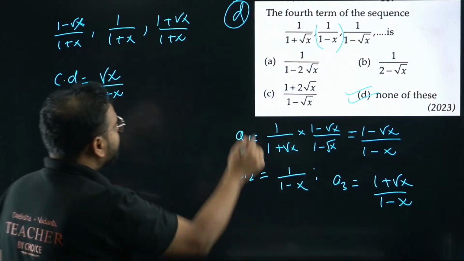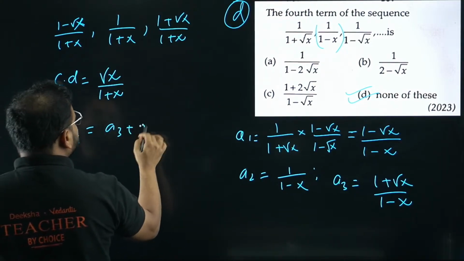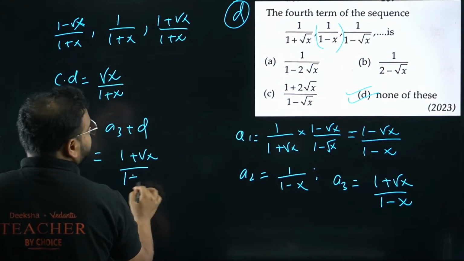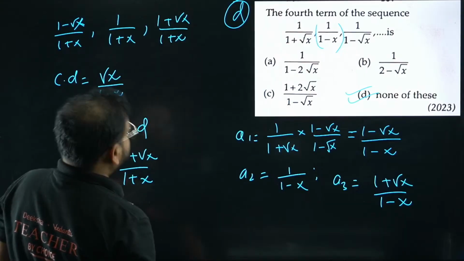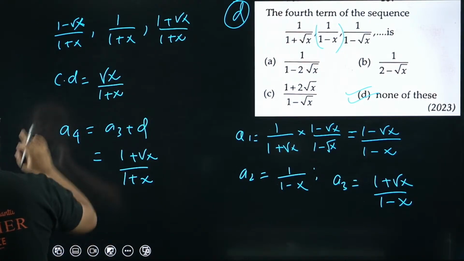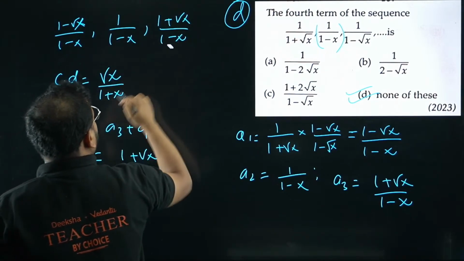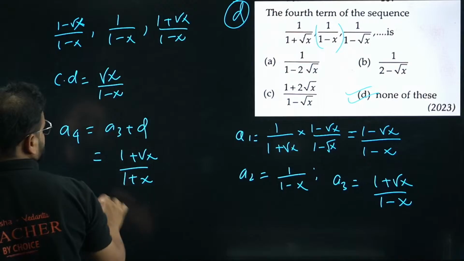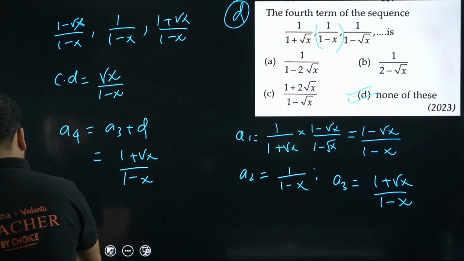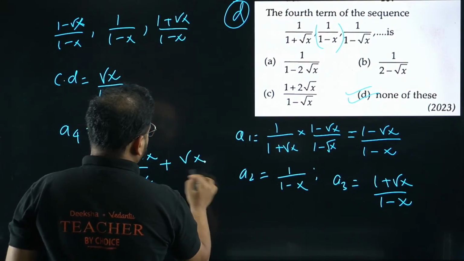If you add that to the third term, you write A4 equals A3 plus D, right? You'll have 1 plus root x upon 1 plus x. Excuse me, I made the biggest mistake possible in this question. It is not plus, it is minus everywhere. Sorry, forgive me for this part, and please let me add it over here: root x upon 1 minus x.